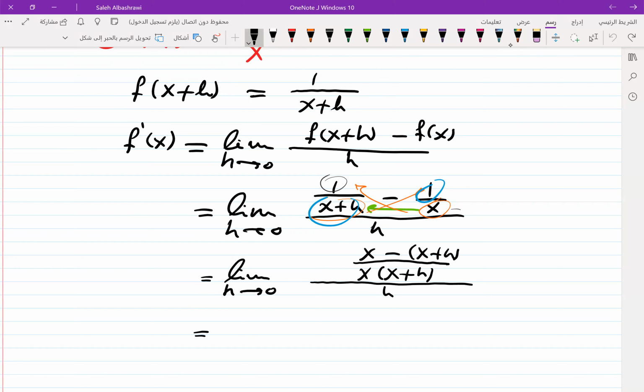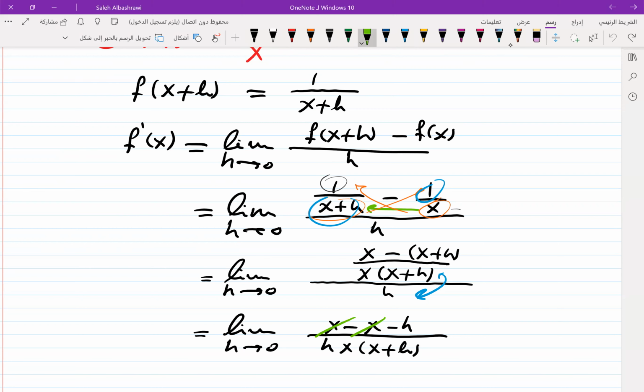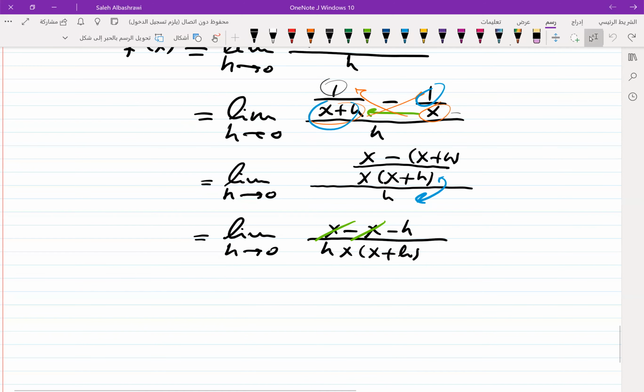Which can be written as the limit, these will be multiplied together. So I will have x minus x minus h, this is the numerator, divided by h multiplied by x multiplied by x plus h, where h goes to 0. So x will cancel minus x. I will have only minus h in the numerator.